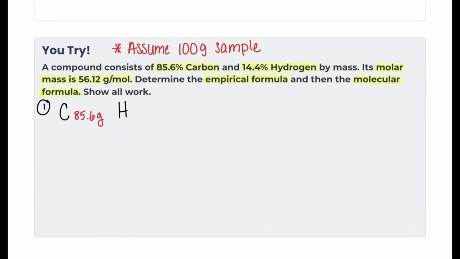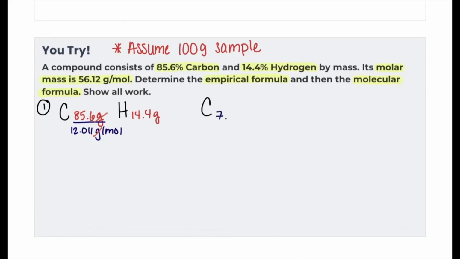But we can't have grams here, so we need to convert from grams to moles by dividing the carbon and the hydrogen by its respective molar masses. So for carbon, we get 85.6 grams divided by its molar mass, which is 12.011 grams per mole. The grams cancel out, and we end up getting 7.1268 for carbon.